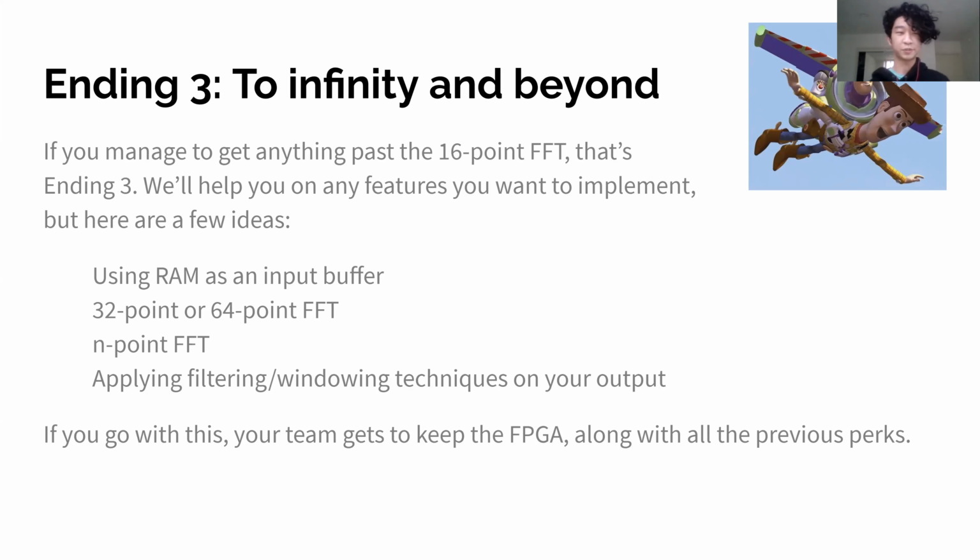You can do a 32-point or a 64-point FFT, or you can try a variable point FFT where you input the number of points you have, and then the FPGA will be smart enough to figure out how to do it by itself. Or finally, you can apply the filtering or windowing techniques that we talked about in the last lecture.